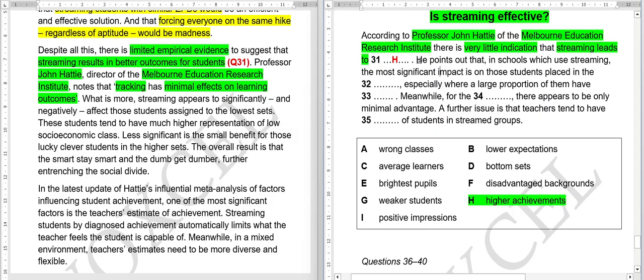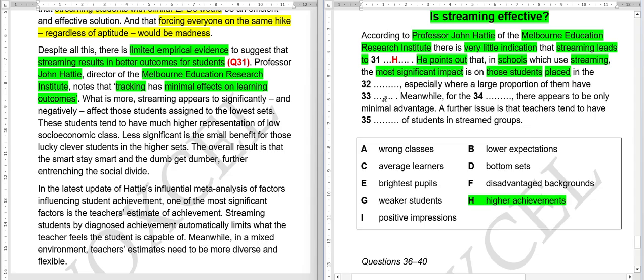He says that those schools that use streaming, the most significant impact, like the biggest impact, is on those students that are placed in the blank group, in something. Clear? Especially where a large proportion of them have something.